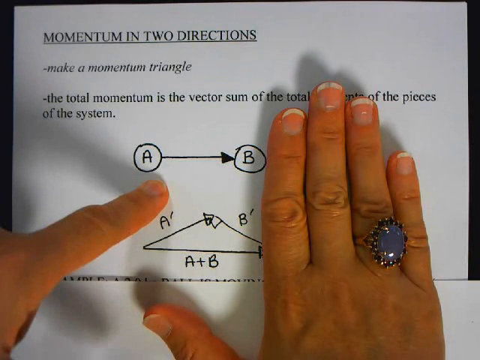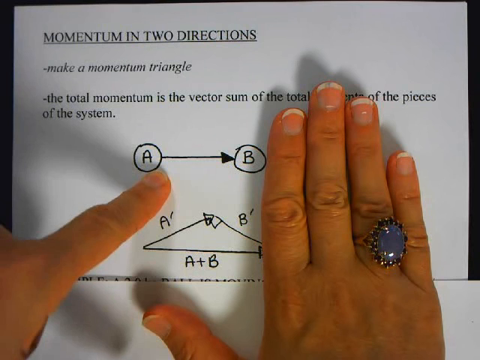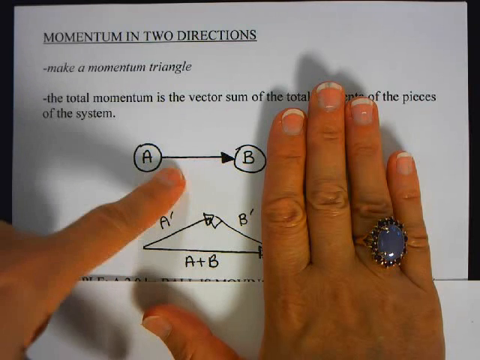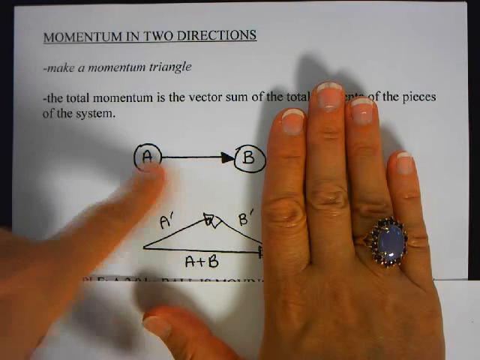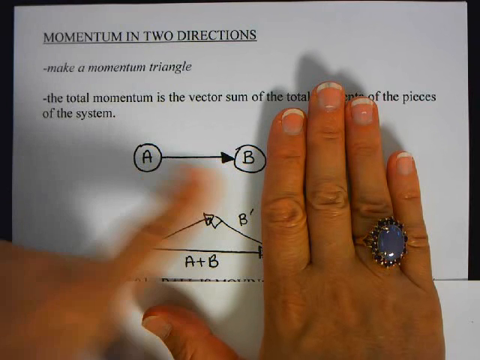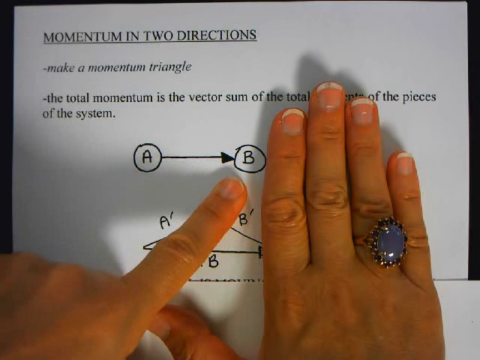We represent them by an arrow. So here's object A. This arrow represents the momentum of ball A before collision. Remember, vectors have magnitude and direction, so the arrow represents the magnitude, but at the same time, it's showing the direction. And then it hits ball B, which is stationary.